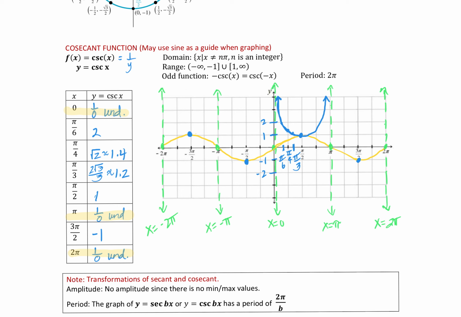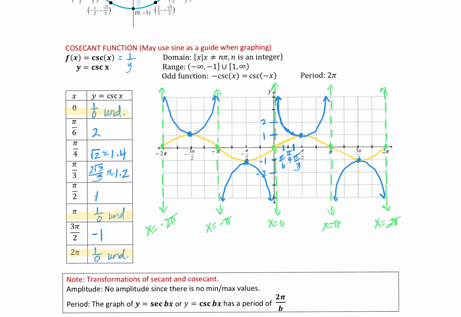So from pi to 2 pi, if sine is going low then high, kind of curving upward, then cosecant, since it's going to do the opposite, is going to curve downward. From negative pi to 0, we're down again. And from negative 2 pi to negative pi, we are up.